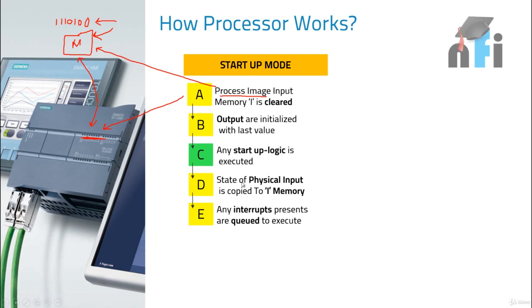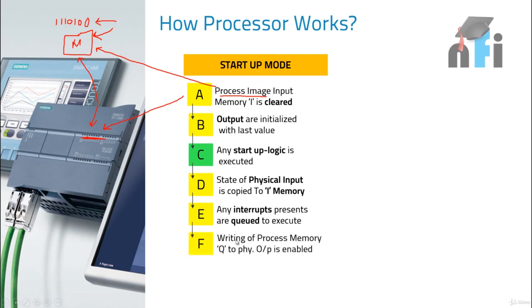In a scan cycle, PLC executes a logic in some certain time, let's say 5 milliseconds. But if an interrupt is executed, it will not wait for 5 milliseconds, it will execute immediately. So these are not executed yet, but are lined up for execution. These will be executed in the run mode only, but are lined up in startup mode to avoid any delay.